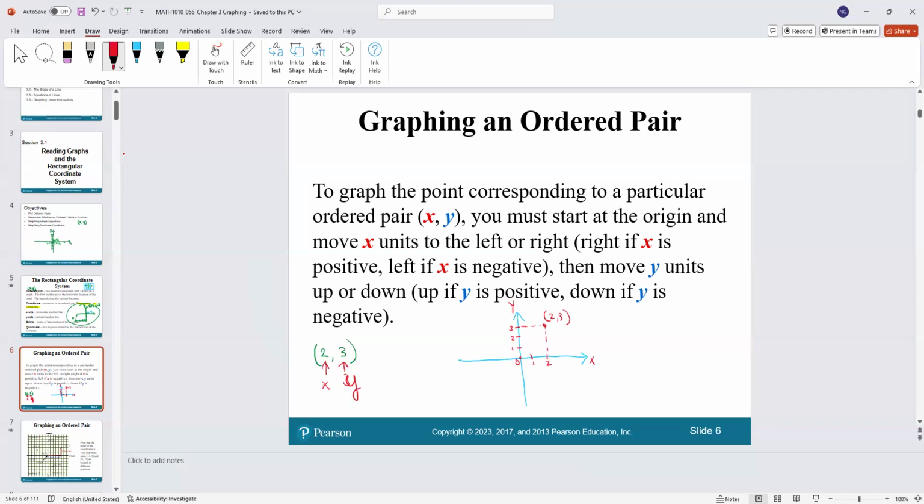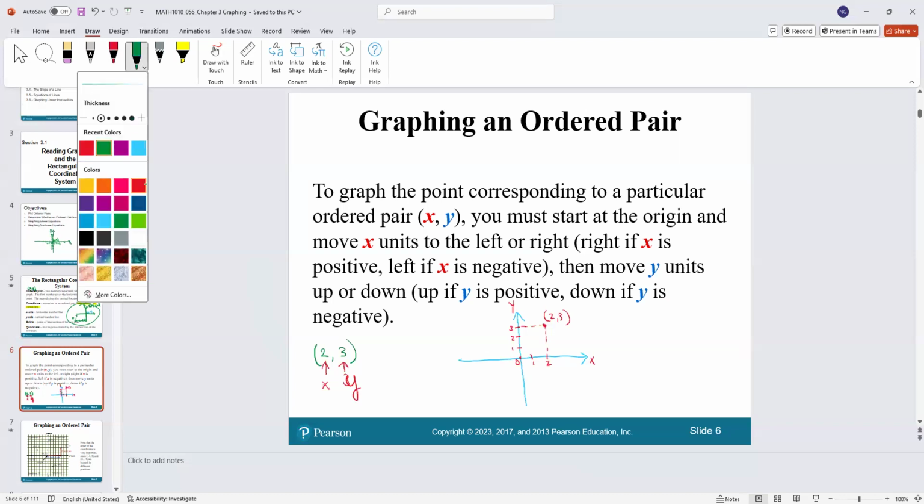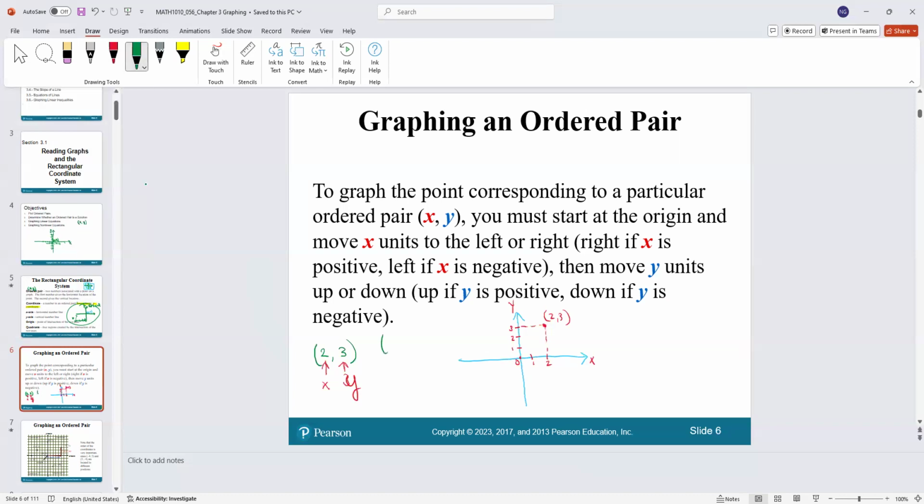In the same XY plane, if I want, I can even put other coordinates. Let's suppose, for example, they ask me to do (-1, 2). Remember, if X is negative 1, we go in this way, and Y is 2.